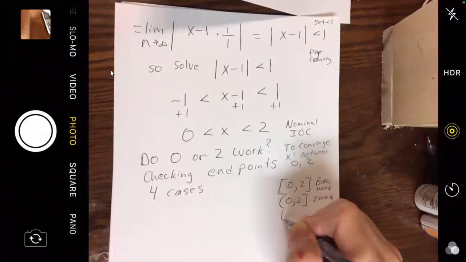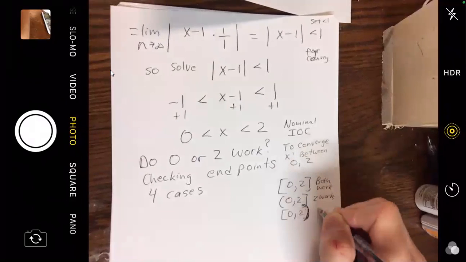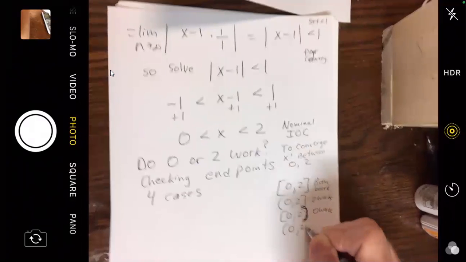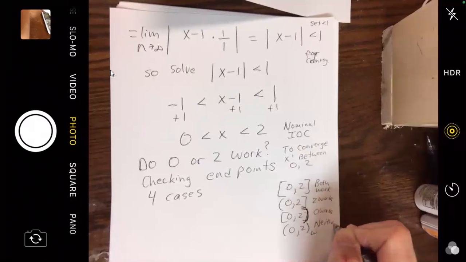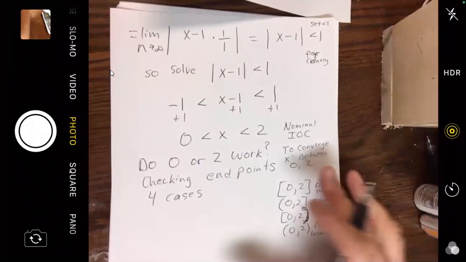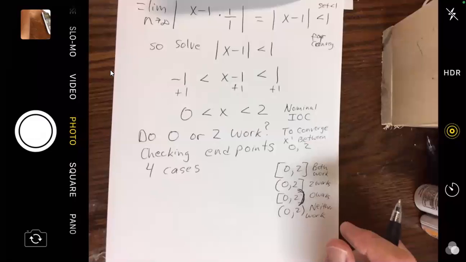If it's bracket here, parentheses there, 0 works. And if neither work, there's parentheses in both spots. Neither work. I don't know if y'all remember this from Tuesday. Does this make any sense? Yeah, I remember that. Okay.